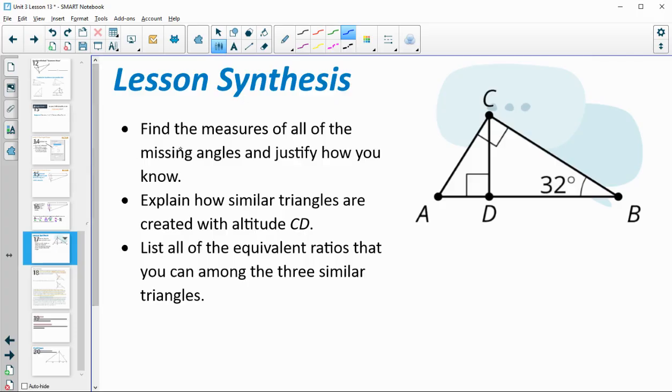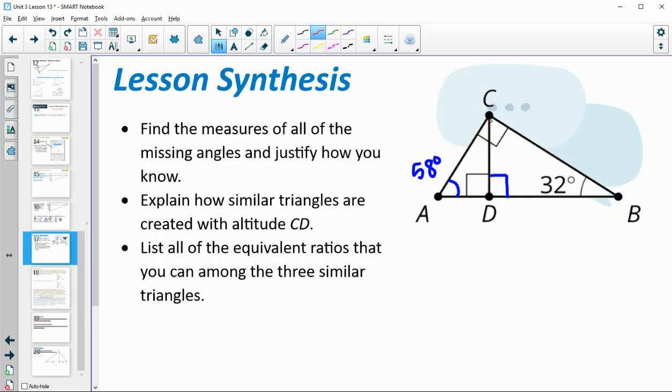So lesson synthesis, finding the measure of all the missing angles in this, and how do you know? So if this large angle here is 90 and this one is 32, then this one, we would subtract those from 180, and that would give us 58 degrees here. We also know that this one is 90.